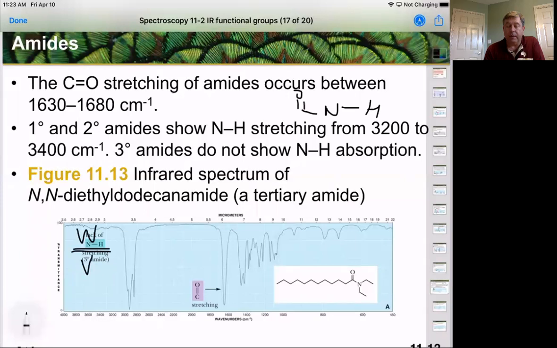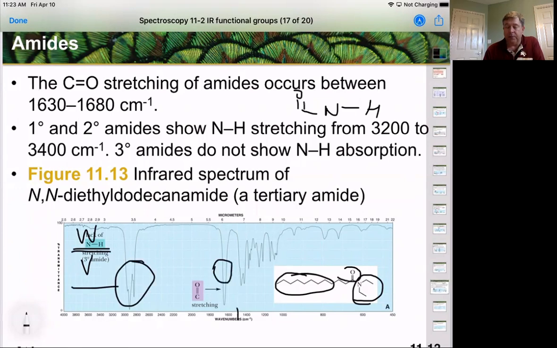And if we have, like in this case here, both of those hydrogens knocked off of that nitrogen, we'll have no peaks at all in this range. All of the CHs here show up in our CH band here, and our carbonyl shows up in our carbonyl section between 1500 and 2500 wave numbers. Okay, so again, if this was not fully functionalized, if we had hydrogens on these nitrogens, they would still show up in this range.